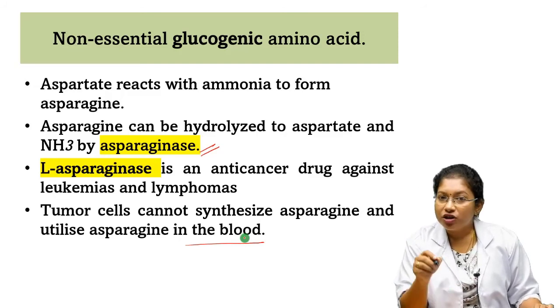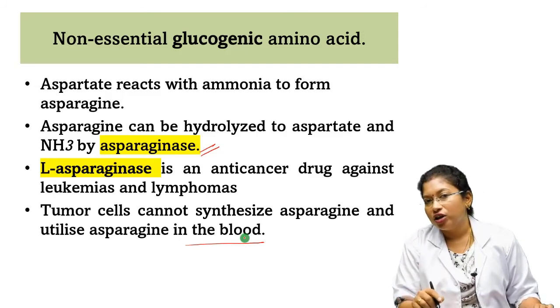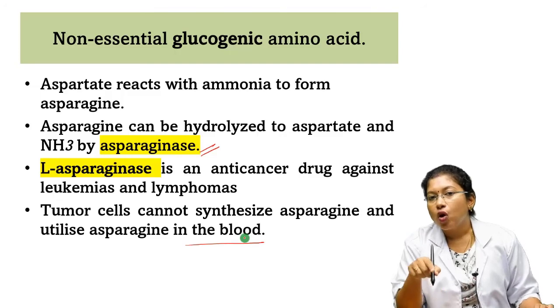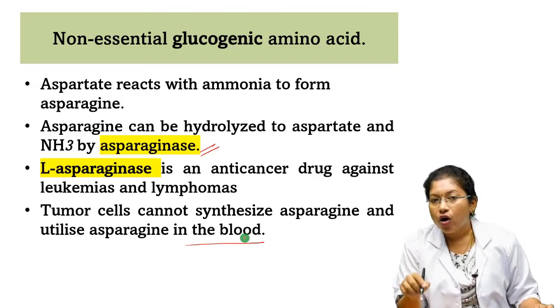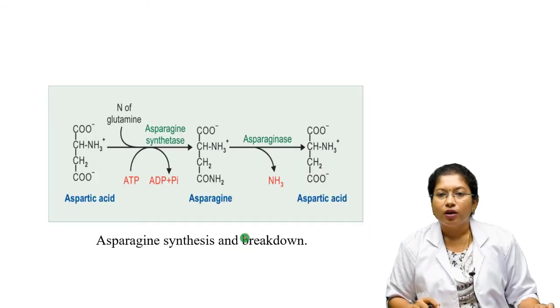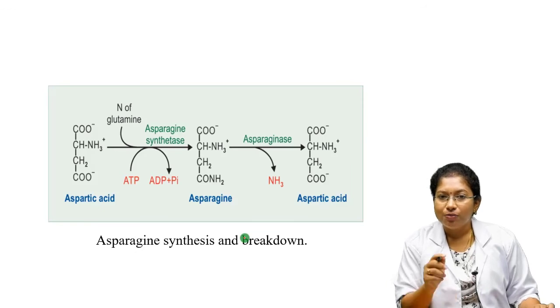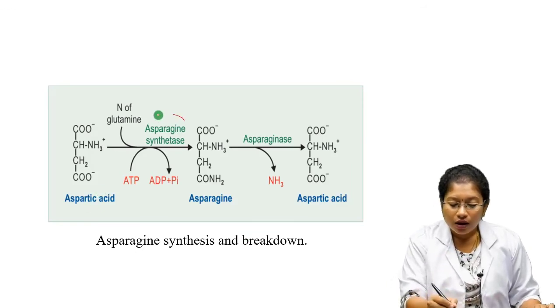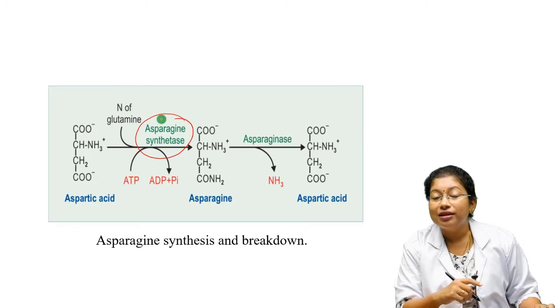When you give L-asparaginase as an anti-cancer agent, it hydrolyzes all your asparagine in the blood. So the tumors cannot synthesize asparagine. So ultimately they die. So this is the reaction. Aspartic acid is acted upon by asparagine synthetase.